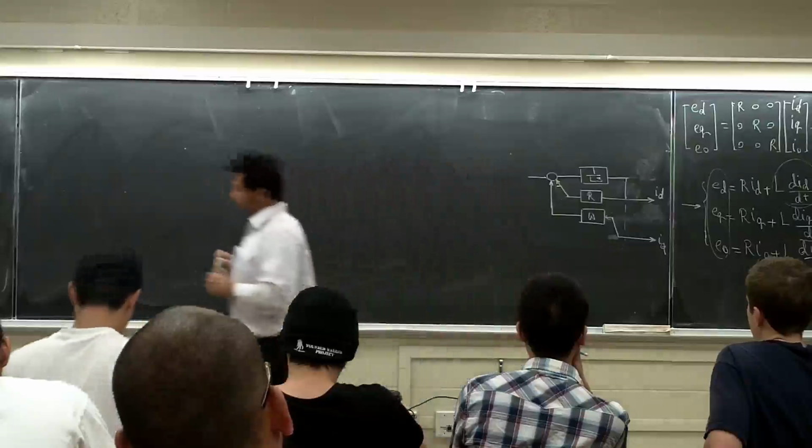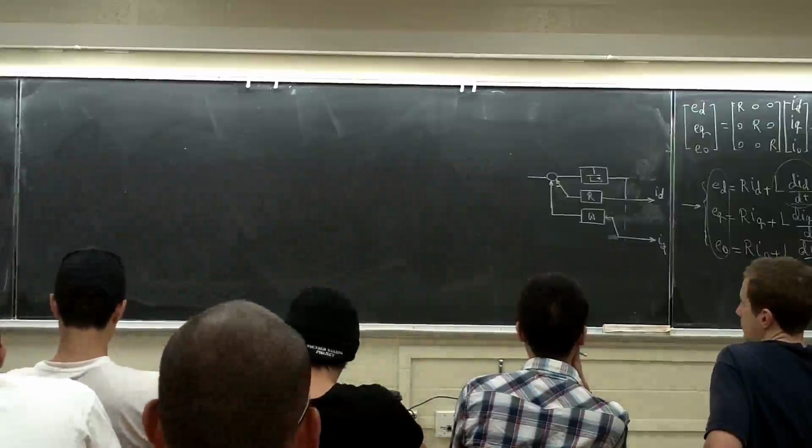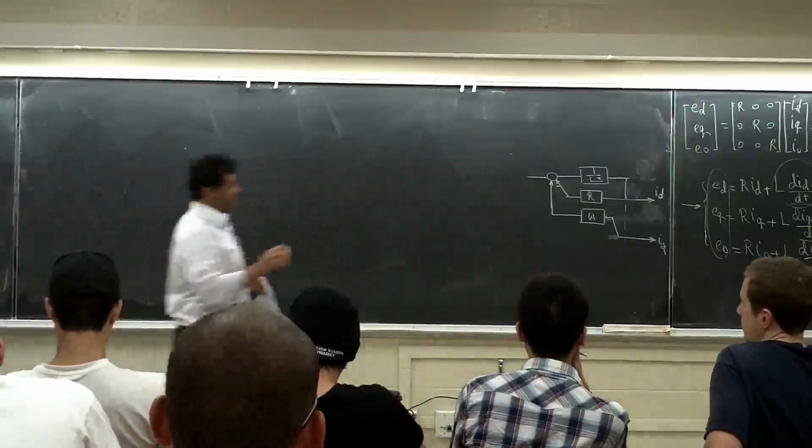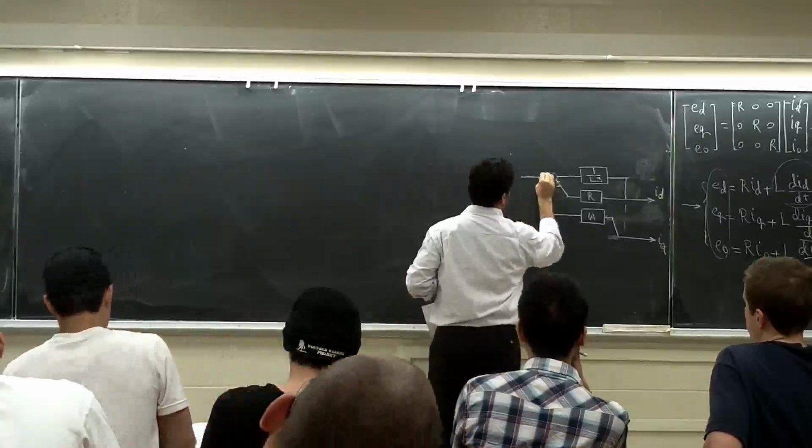What do we need here? We need R ID minus omega IQ. So this one also should be minus. Or not, keep this one down here.